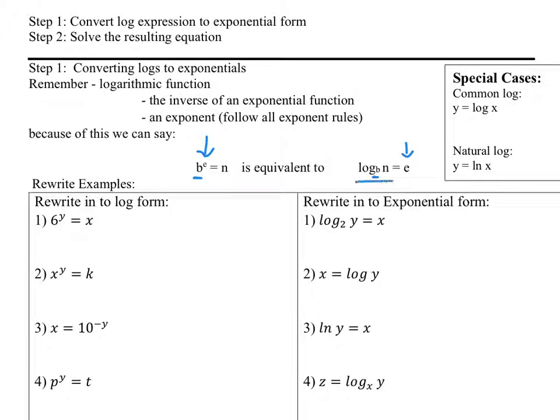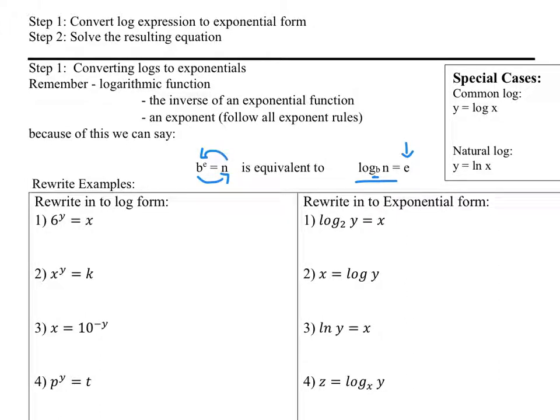When I say this, I would say log base b of n is equal to e. We use the word base in the equation, so hopefully you understand that. Otherwise, it's log base b of n equals e. A lot of teachers do that kind of loop thing. I don't really care how you do it as long as you remember how to do it. That's all. So b first, then the n, then the e.